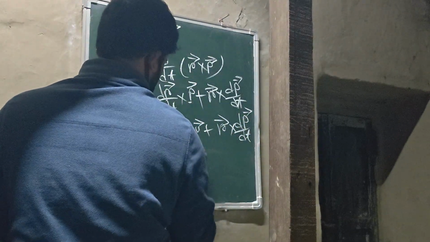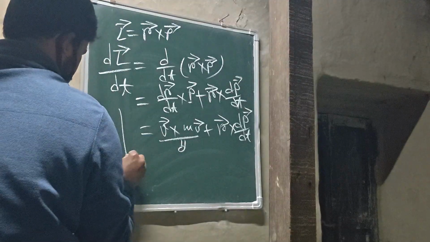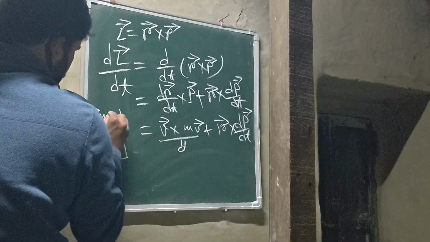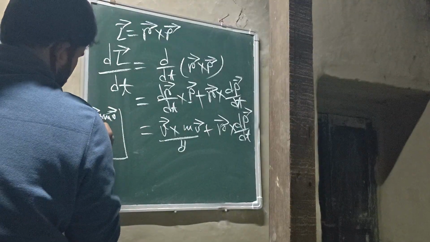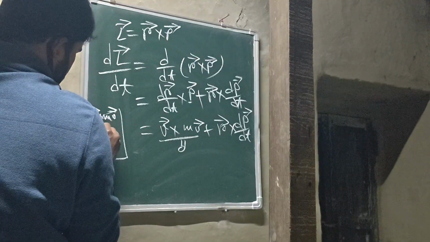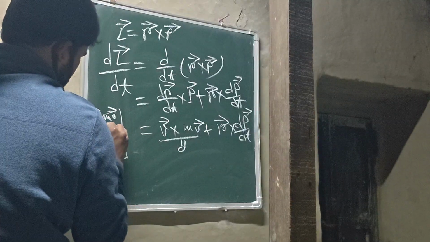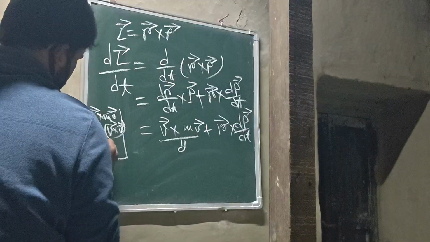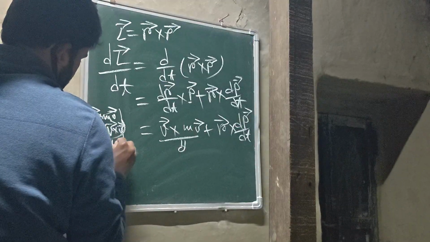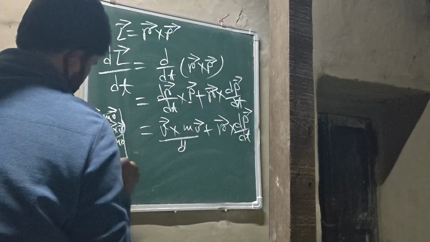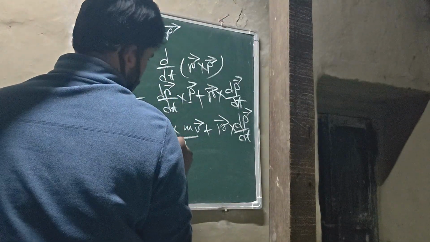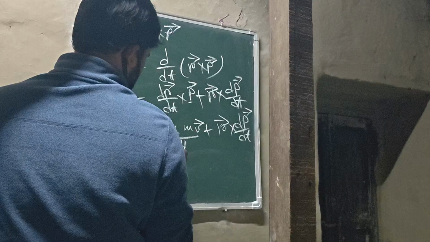Now this term equals 0 because v vector cross mv vector, m constant, then m into v cross v equals m into v square sine 0 equals 0 according to the rules of vector algebra or vector product.